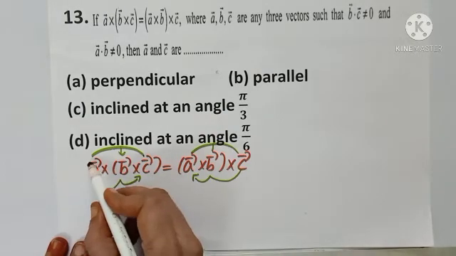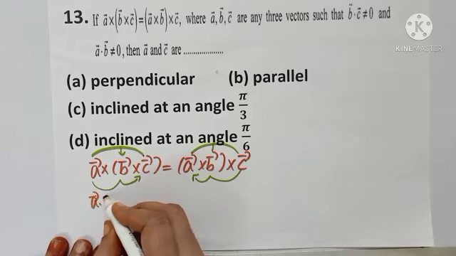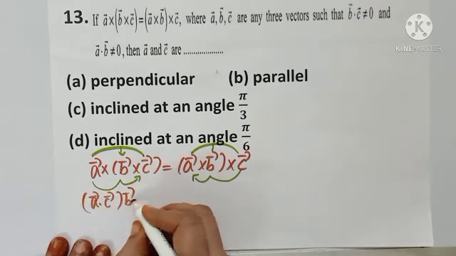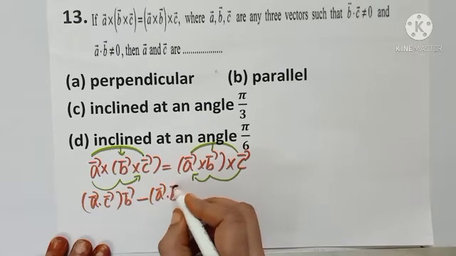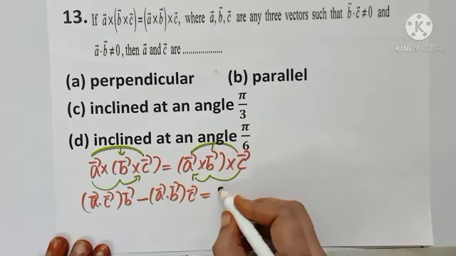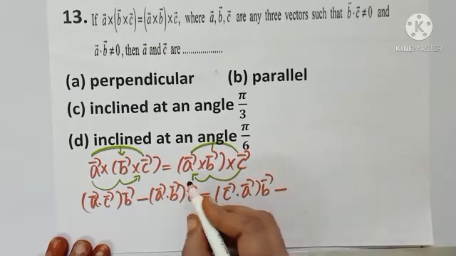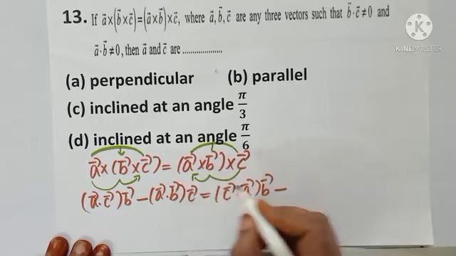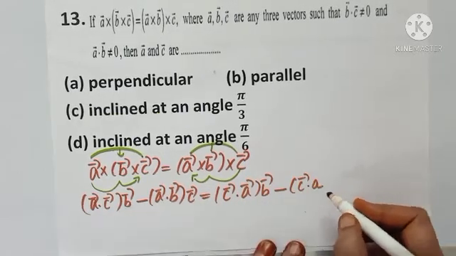It is (A dot C) into B minus (A dot B) into C. RHS: (C dot A) into B minus (C dot B) into A. Remember, outside vector will come inside.